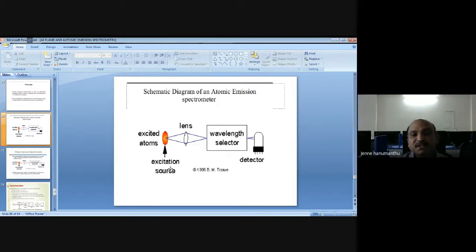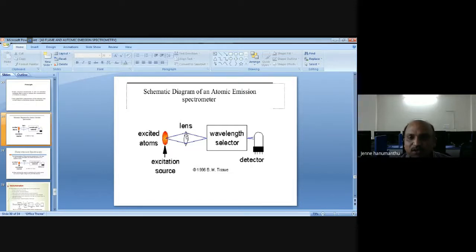So in between the excited atoms and the source, there exists some sample to be analyzed. If you apply the excitation source to this sample, the atoms pass through the flame and are excited to some levels of energy. So the excited atoms return back and release some photons.